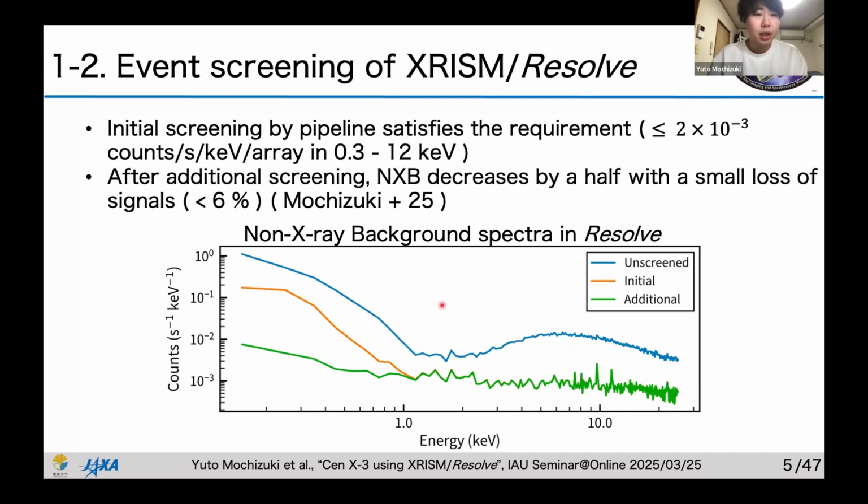We optimized the initial screening, which means event screening using the standard pipeline, and we confirmed that it satisfies the requirement shown in orange. Additionally, we developed the optional screening. After applying this screening, the background spectrum shown in green is significantly reduced, so the background decreases by half with minimal signal loss.